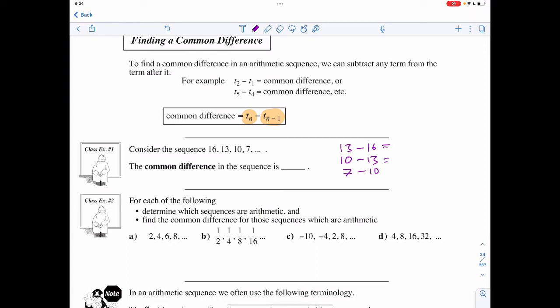No matter which one I do, I always get the same answer of -3, which means that my common difference is going to be -3.